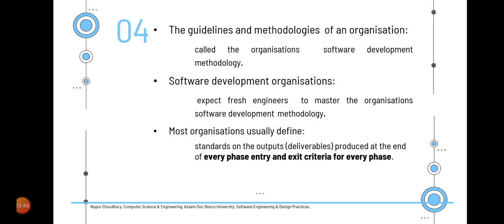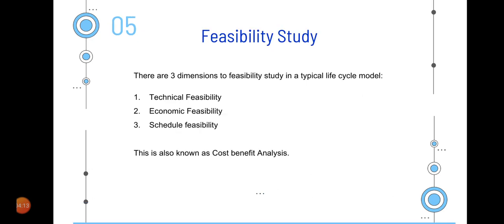Most organizations generally have standards on the outputs or deliverables produced at the end of every phase, which are also known as the entry and exit criteria for every phase. Entry and exit criteria associated with every phase help us to overcome the 99% complete syndrome problem, which might lead to the failure of an entire project in the worst case scenario.